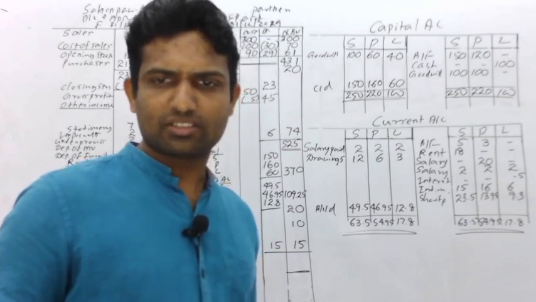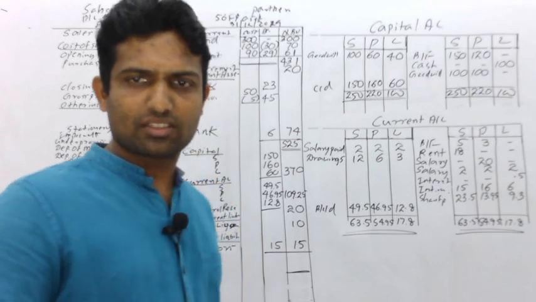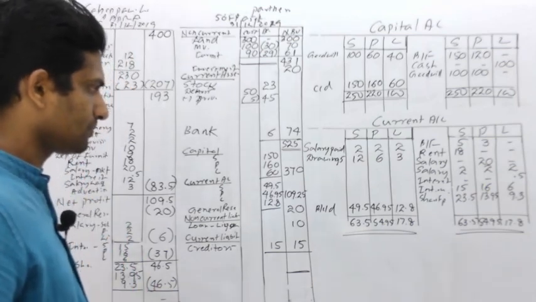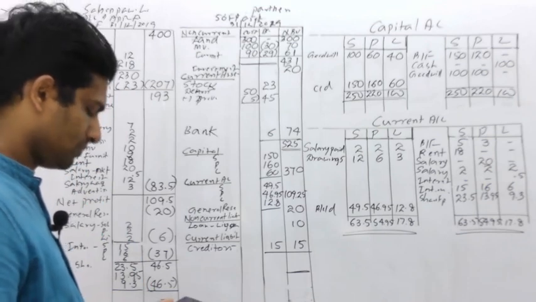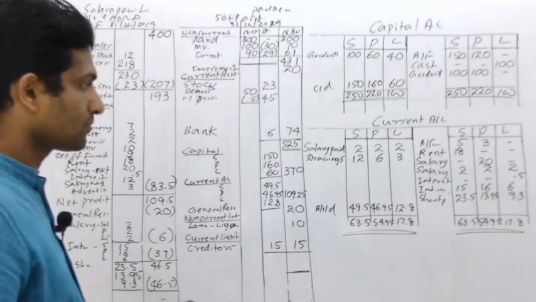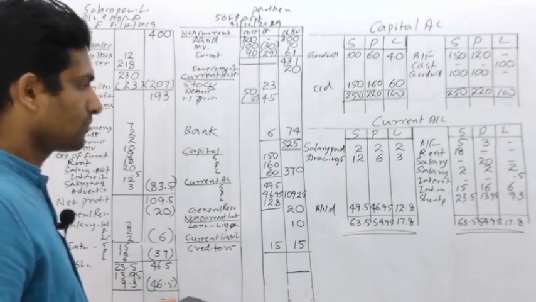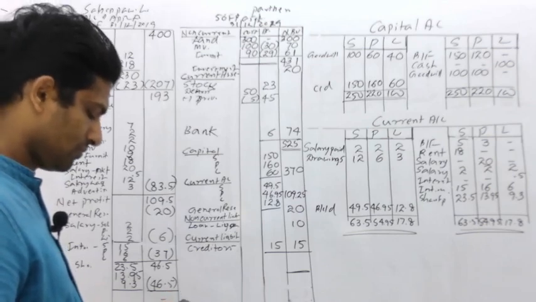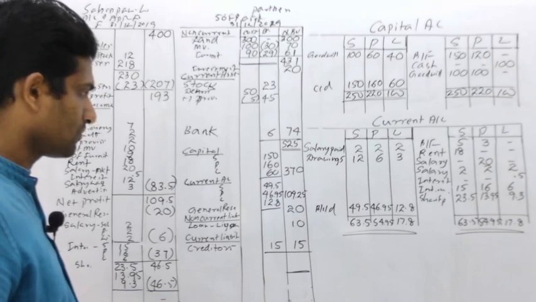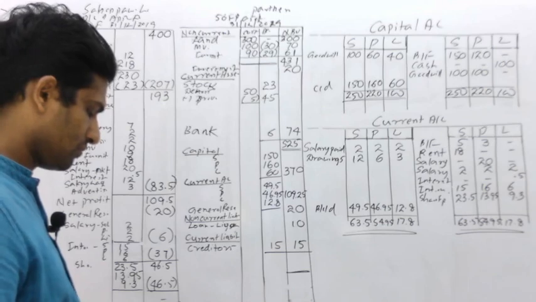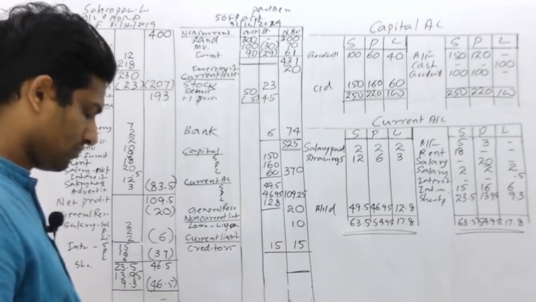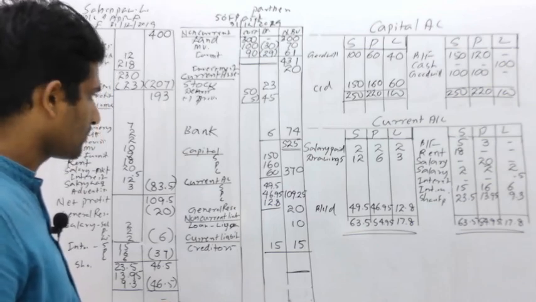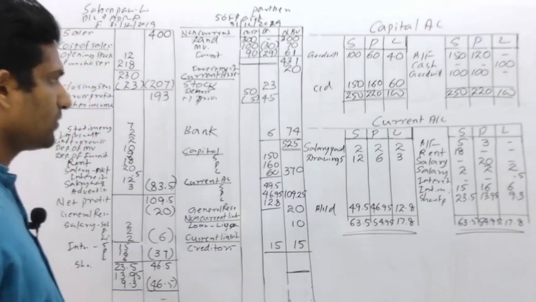Interest on Pawan is wrong. Yes. What else? What is the difference?